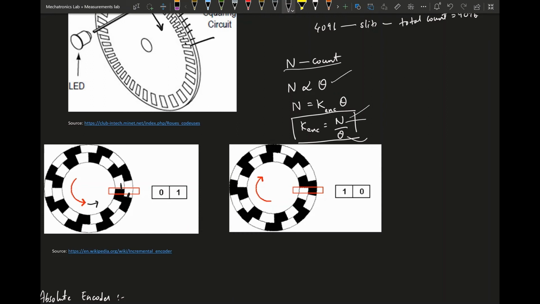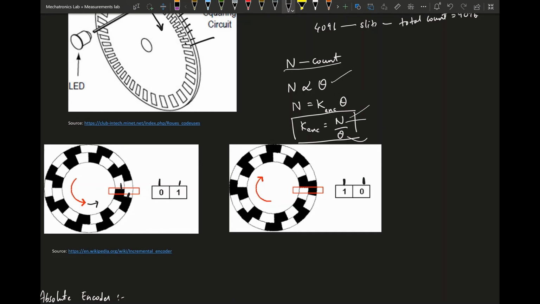So the first value changes first, and the second value changes after the first value. But if you rotate it in the other direction, the second value updates first and the first value updates later. So using this you can know which direction the disk moved exactly.